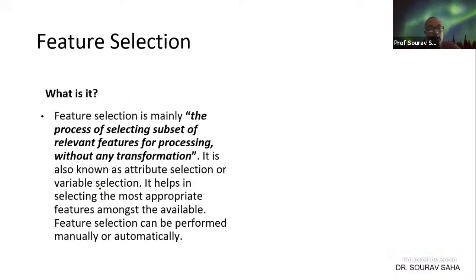So feature selection. What we do for feature selection is that we select a subset of the relevant features for processing without any transformation. It is also known as attribute selection or variable selection.